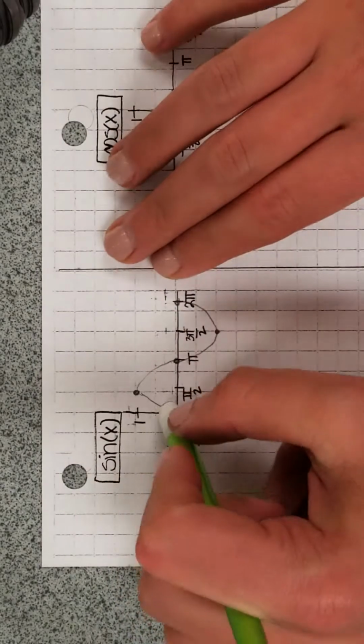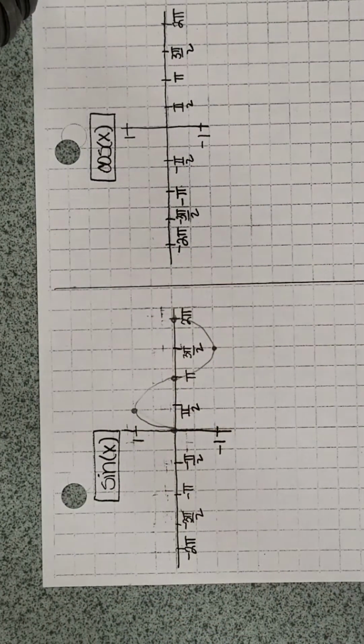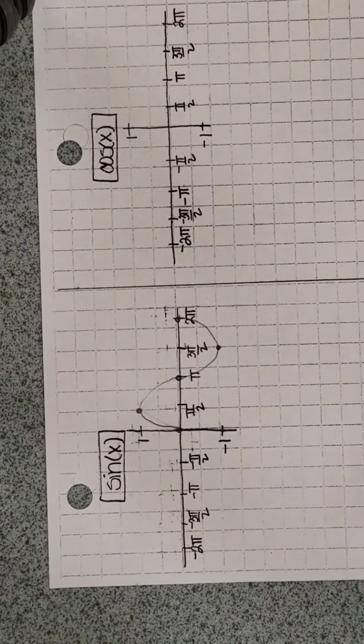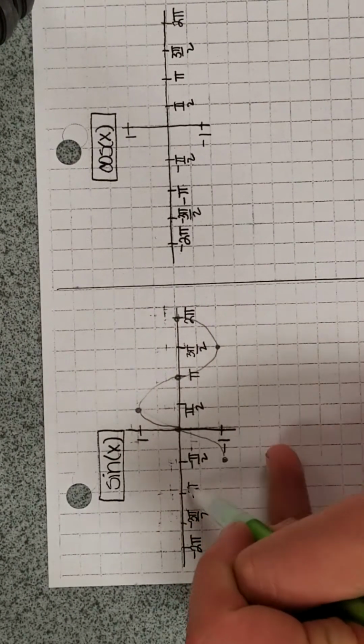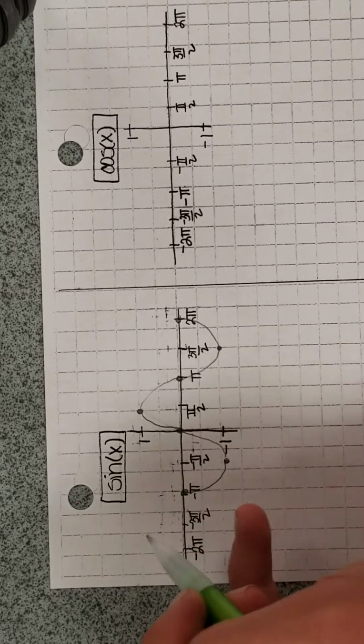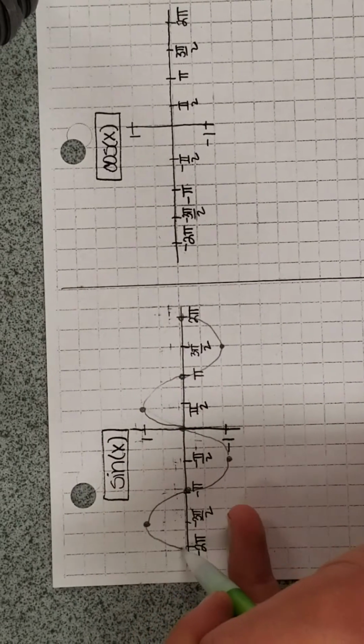And we want to be careful that we don't make it look pointy. Nice curve. And then heading the other way goes down to the low, back up to the midline, which in this case is our x-axis, up to the high, and back down to the x-axis.